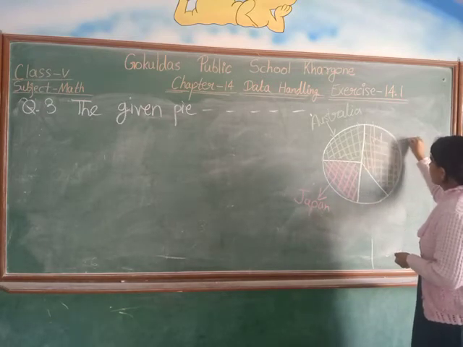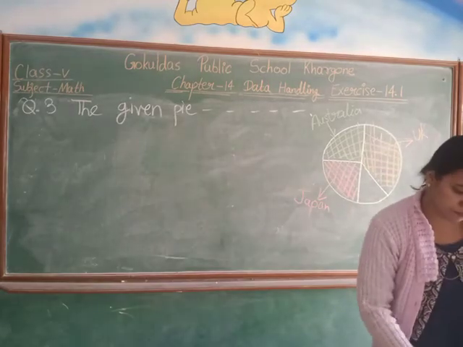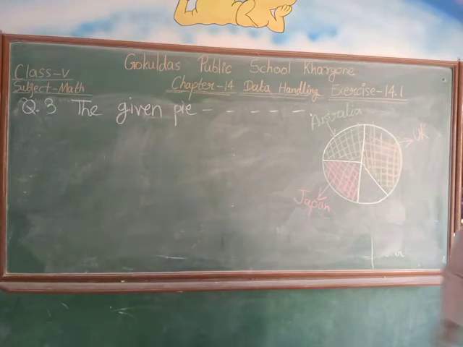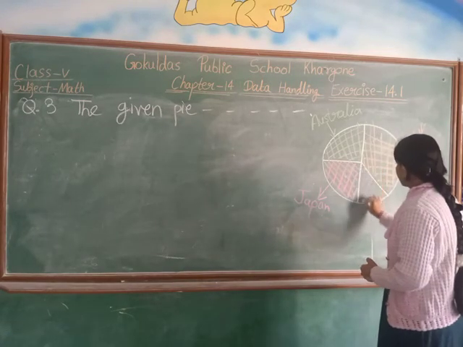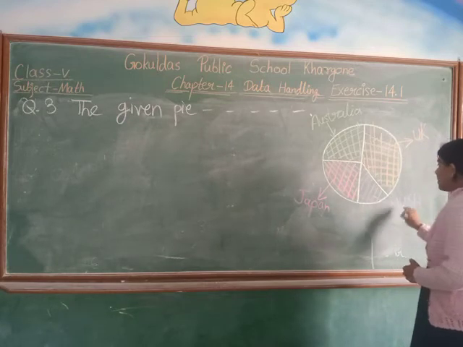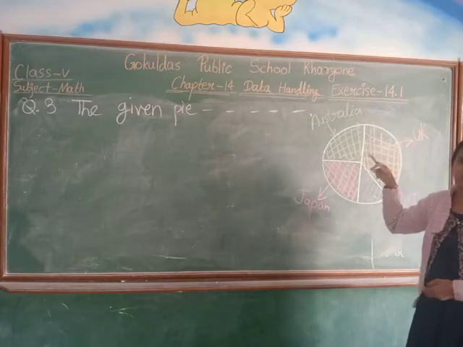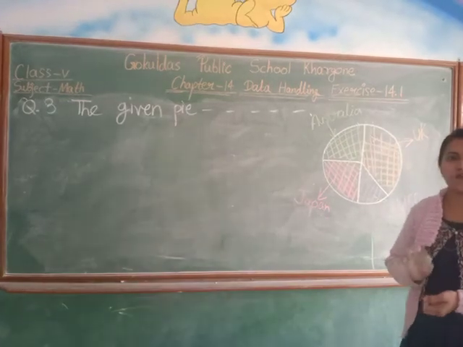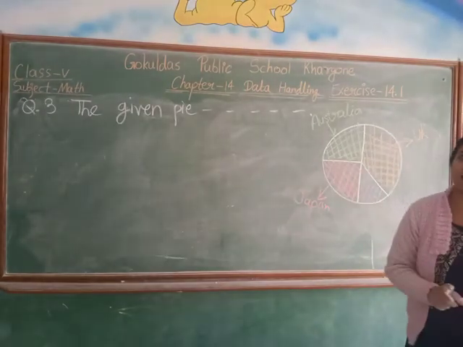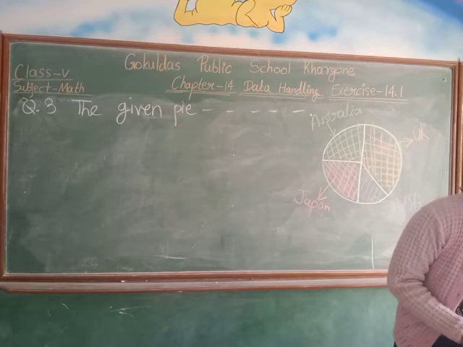Observe in your book. This part is showing UK, that is United Kingdom. And this part is showing USA, that is United States of America. People from these 4 countries visited India in 2015. By using this pie chart, you will answer questions A, B, C, D of question number 3.